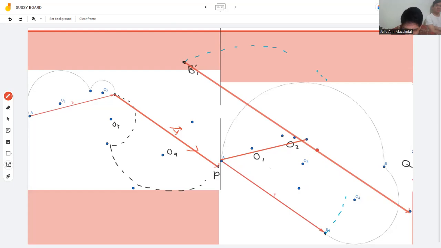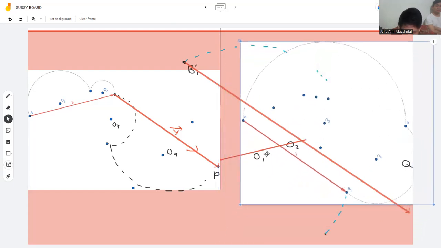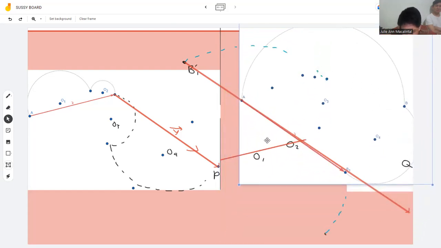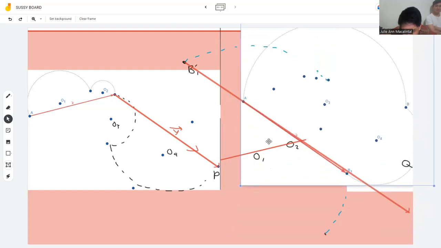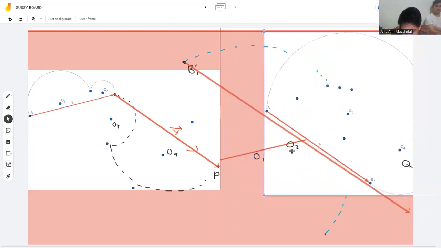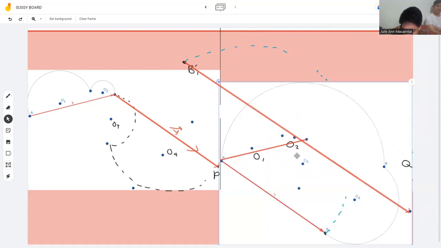This line. Wait, I will move this temporarily. This line, I hope my eyeball's good. Oh, it's good enough. So it's approximately parallel over there. It's almost just eyeball technique, but it's close enough. So it's almost parallel, which is supposed to be the case. It should be parallel.